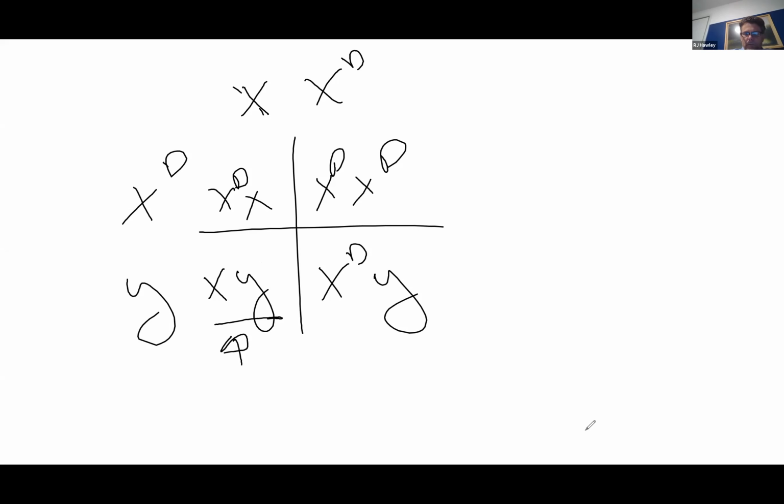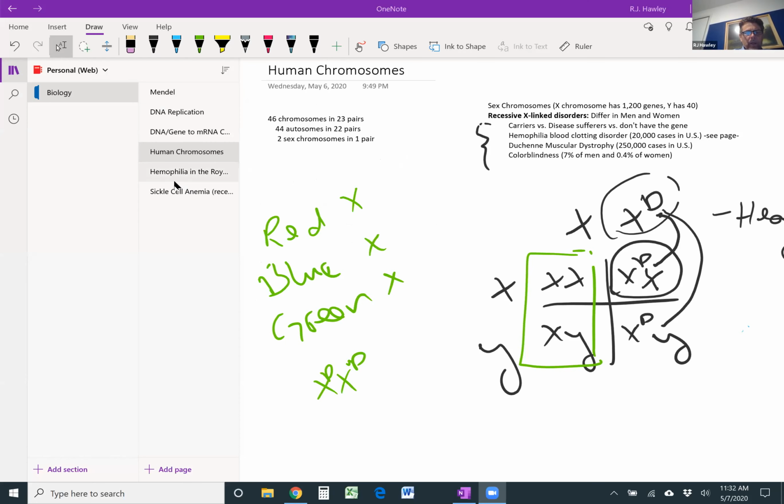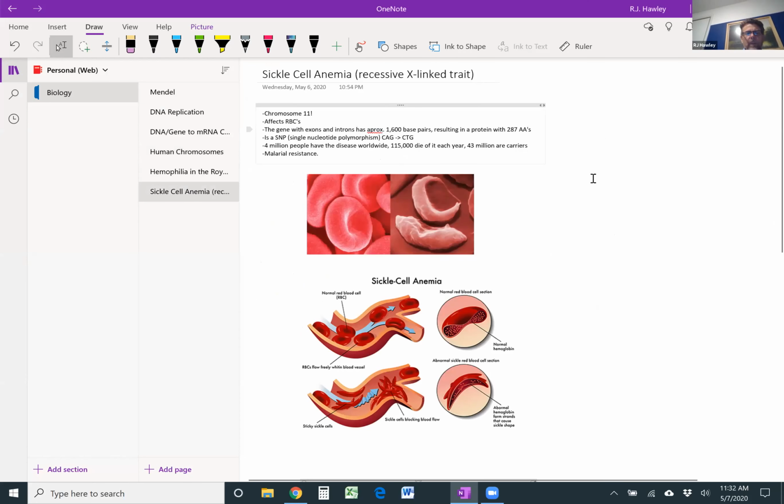Let me look for my new share here. I had a little slide prepared on sickle cell anemia too. So I think there was a video you watched about chromosome 11. I liked your responses to the video. Nice job.